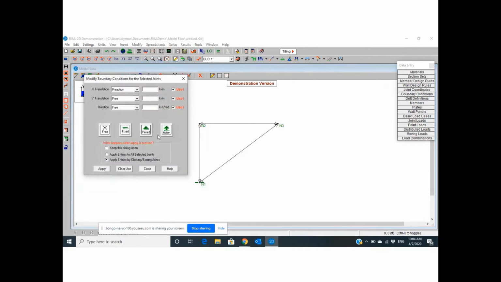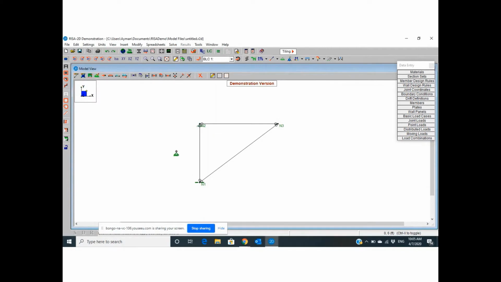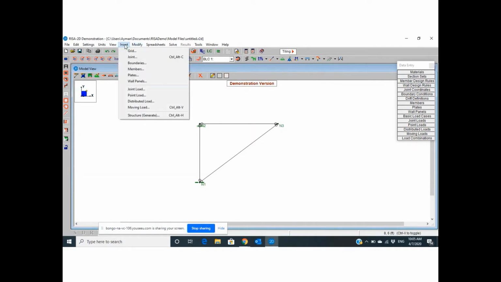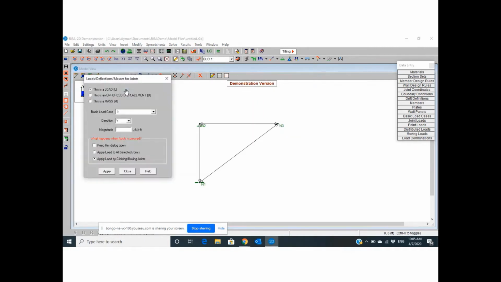One more time, insert boundaries, and we have pin support at this location. We have concentrated load at this node. To insert joint load in Y direction, it will be negative, how much? 150. But your unit here is kip, so it will be 0.15.